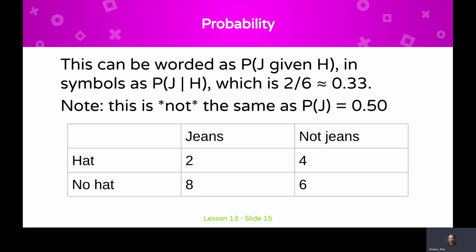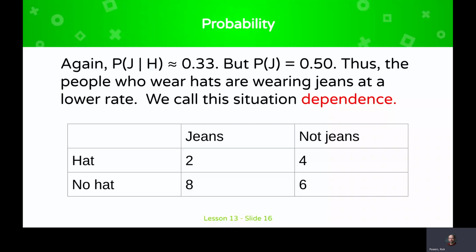Note, this is not the same as the probability of wearing jeans, which is equal to 0.50. Again, the probability of wearing jeans given hats is about 0.33, but the probability of jeans is 0.50.